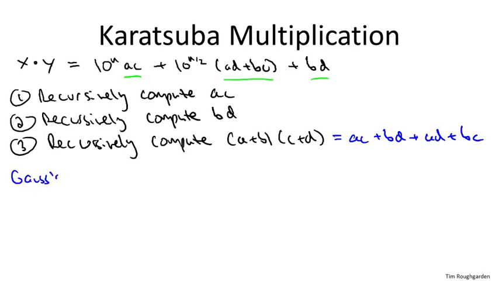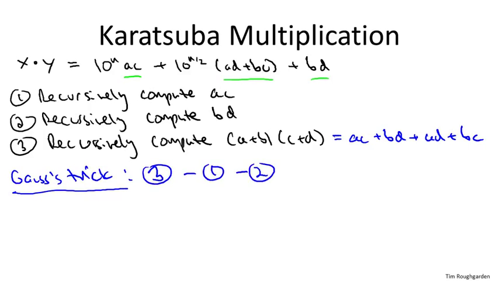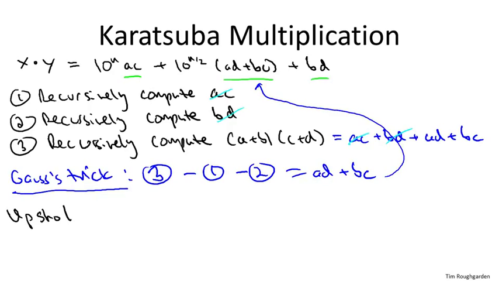And here is Gauss's trick, or observation, which is that if we take the result of the third recursive call minus each of the first two, what happens? Well, the AC is going to cancel the AC, the BD is going to cancel the BD, and we will be left with AD plus BC, which is exactly that middle coefficient that we cared about. So we can indeed compute the sum of AD and BC without separately computing each of them, and that's exactly what we wanted.